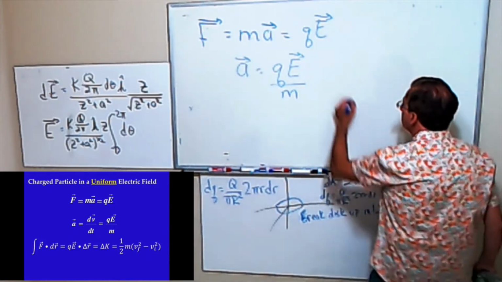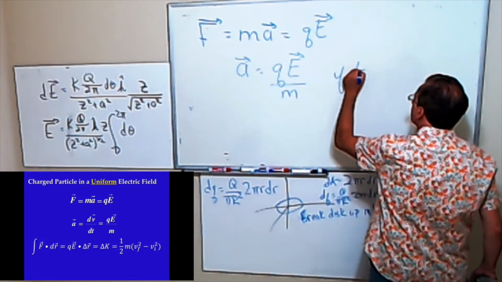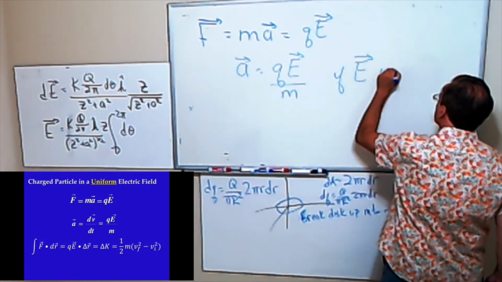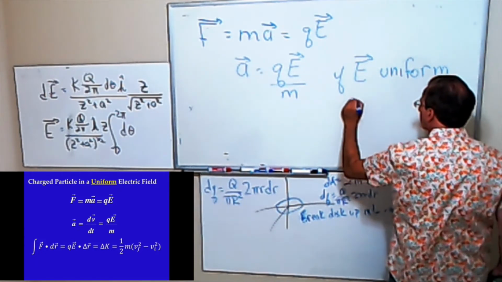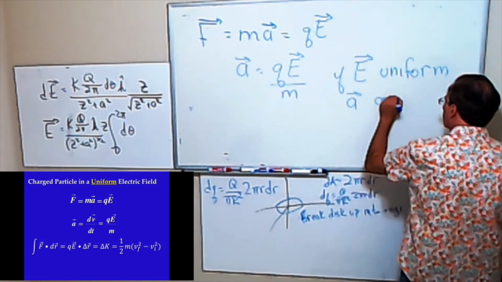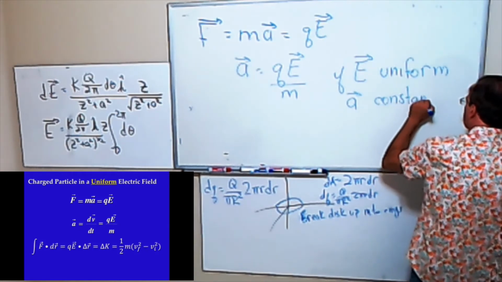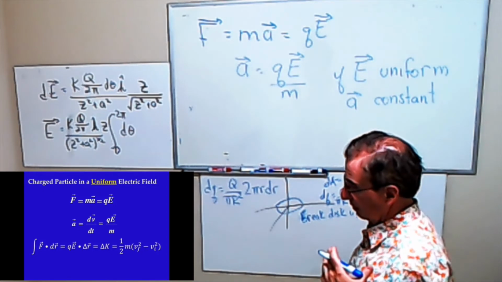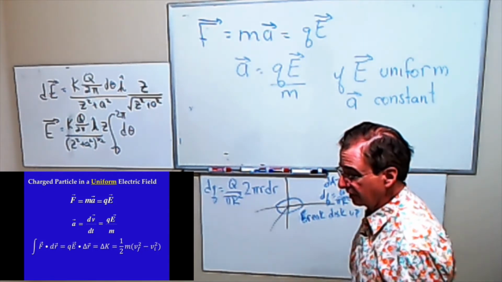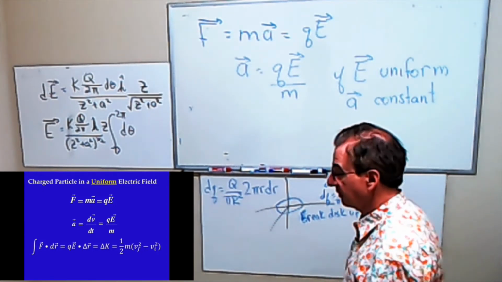If E is uniform, a is constant. And then you have motion at constant acceleration, which is a kinematics problem.